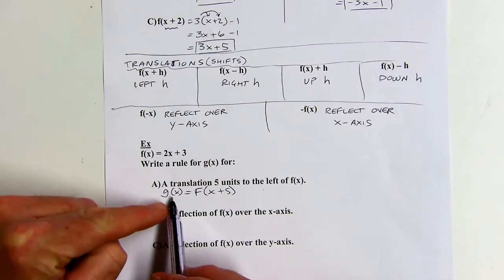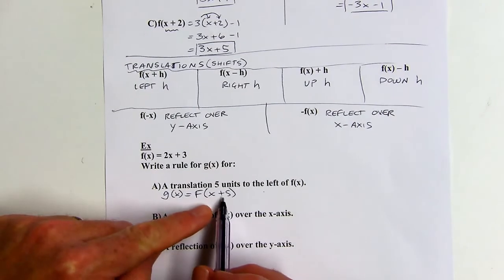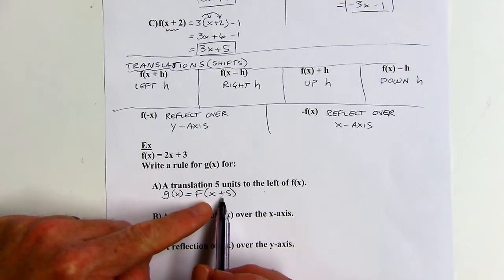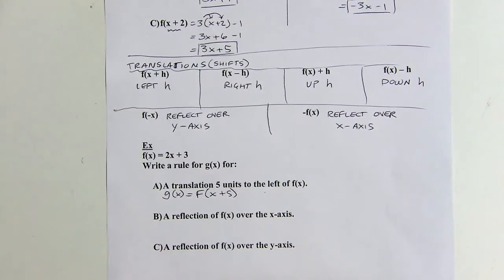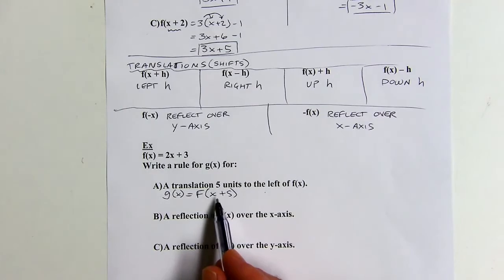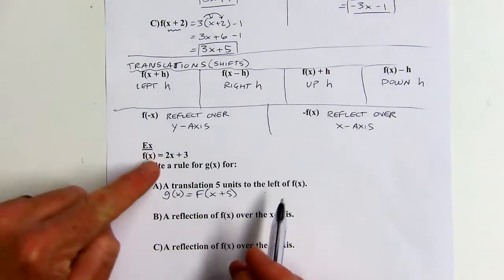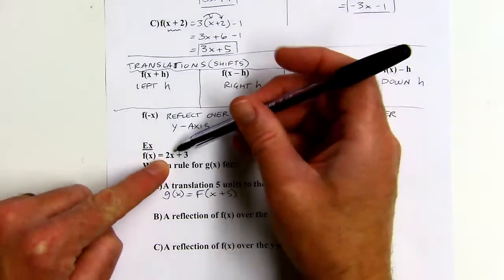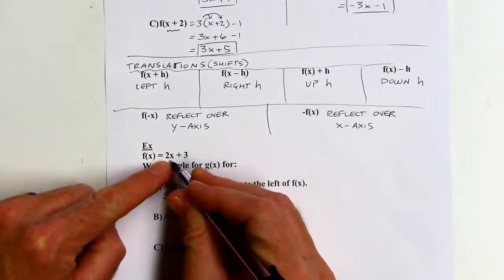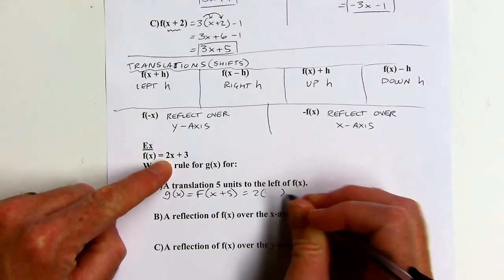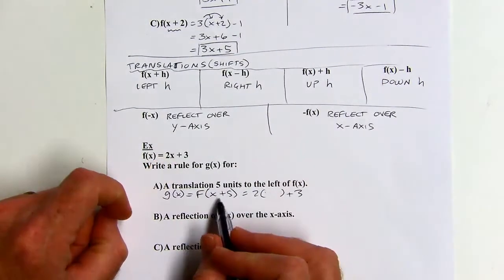So g of x is going to be a transformation, a translation to be more specific, of function f. Then I want to simplify this. What does f of x plus 5 equal? That means I'm going to function f and I'm going to input x plus 5. So this says 2 times something plus 3, and my something is going to be x plus 5.